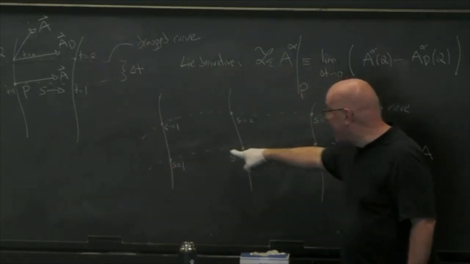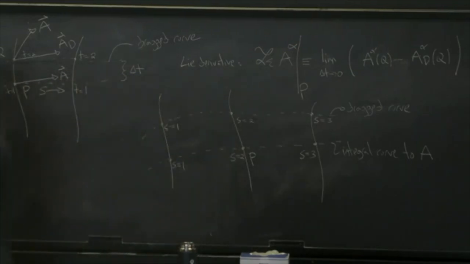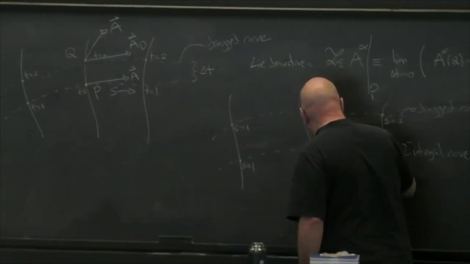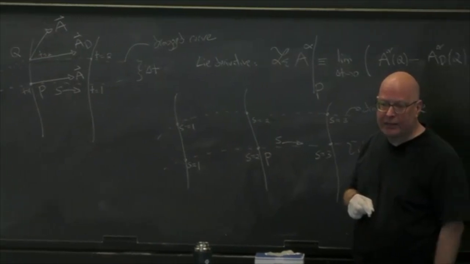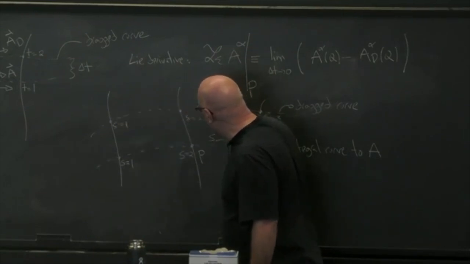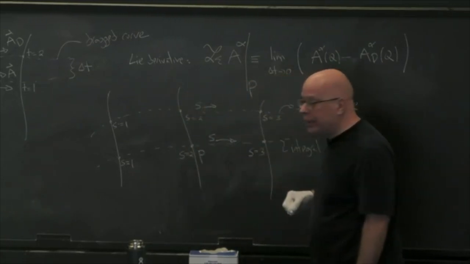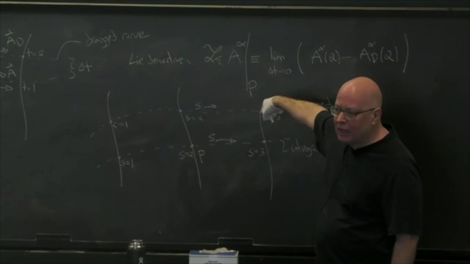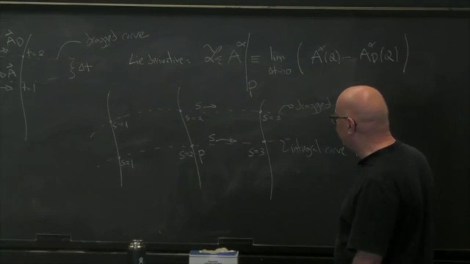The parameterization on the original curve was given to us by integrating this differential equation over here. That's how we get the integral curves from the vector field. So the parameterization here is already given. But when I drag the curve, I'm free to specify whatever parameterization we want on that curve. And I'm saying that the parameterization up here is going to be such that s is preserved along each of those integral curves. That's a little bit of fine print, and I'm going to use this in a moment when I set up the calculation.